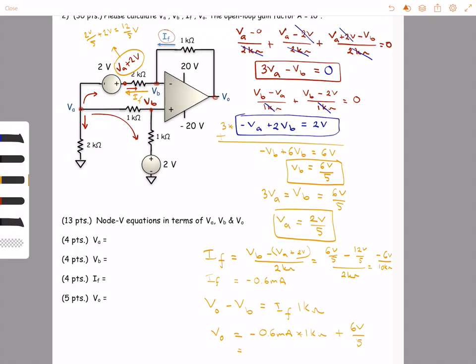So what we get here is 6 over 5, which is the same as 12 over 10. So this is 1.2 volts, and this is minus 0.6 volts. So VO equals 0.6 volts.